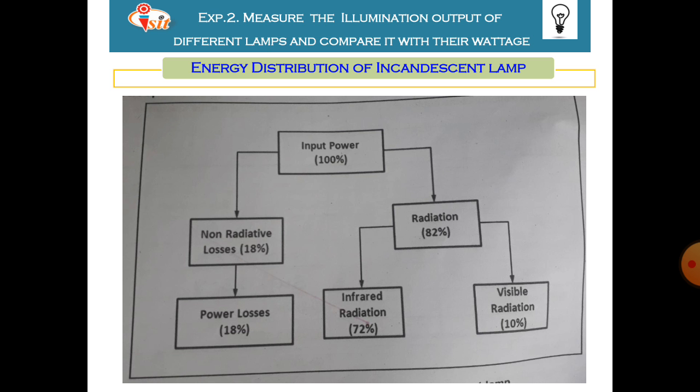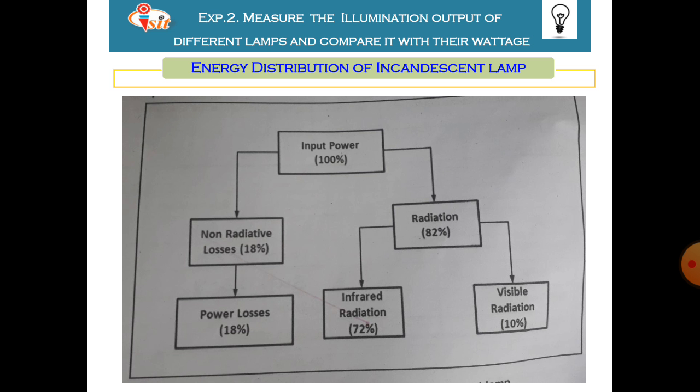This is how the energy of an incandescent lamp is consumed and radiated. If 100% electrical power is consumed by the incandescent lamp, then the output comes in terms of radiation and non-radiative losses.